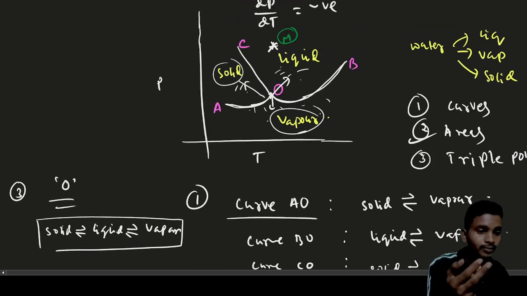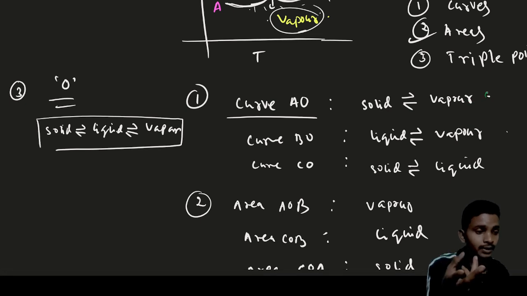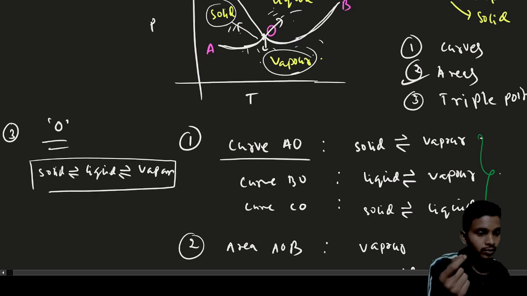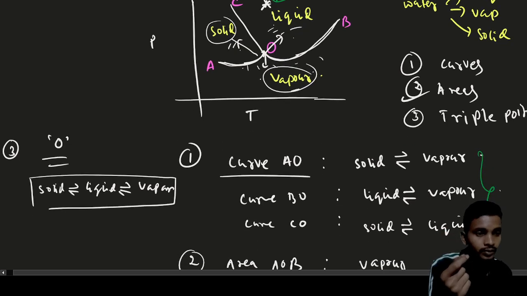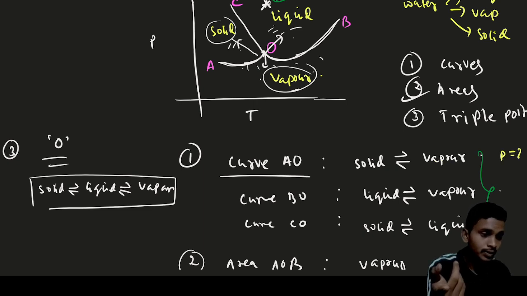So what is here, the solid and vapor. How many phases are there? 2 phases: solid is one phase, vapor is another, so P is 2. And how many components are there? Since we are studying one component, C is 1.